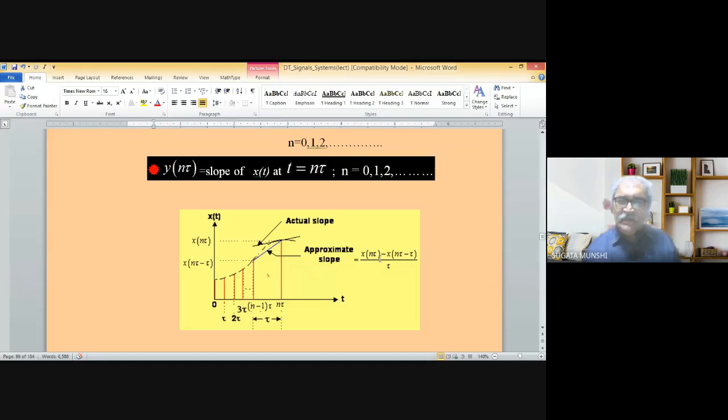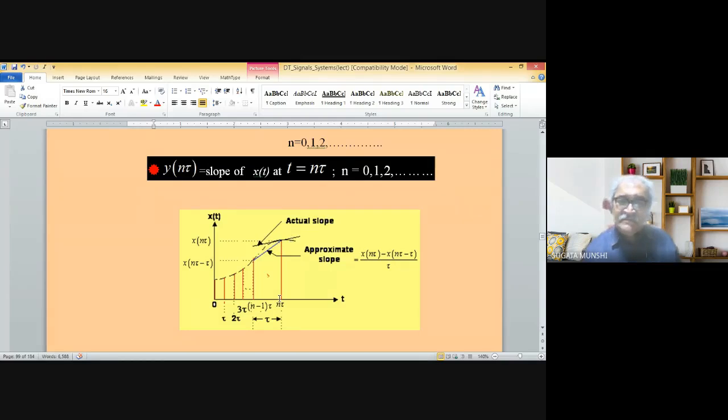So that is the algorithm that the discrete time differentiator for real-time application should use. This is called the backward difference algorithm. From the definition of derivative that you have studied in your school level course, it should have been x n tau plus tau minus x n tau, divided by tau.